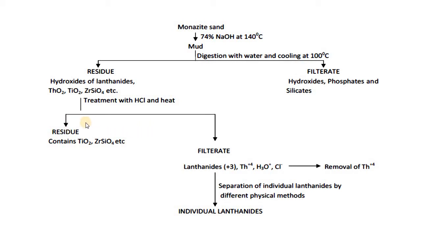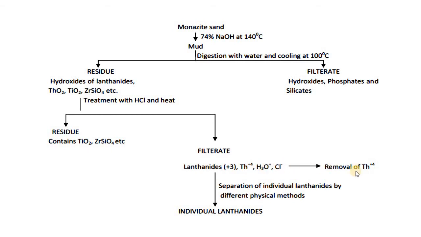So here again, the filtration process can be used to separate the residue and the filtrate. The residue contains titanium oxide, zircon, etc., while the filtrate contains the lanthanides plus 3 and the thorium plus 4, and other ions are mentioned here.